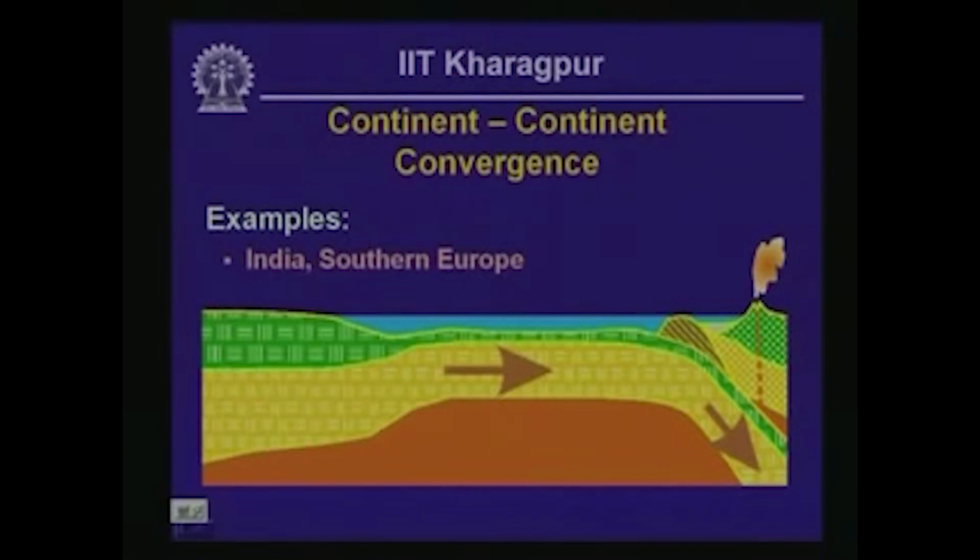Actually, it becomes higher and higher, and the margin of the continental plate also starts piling up.